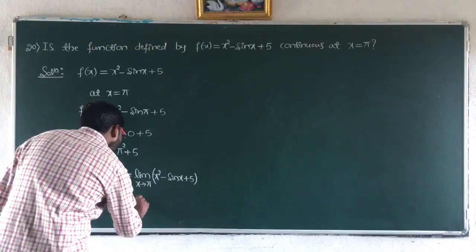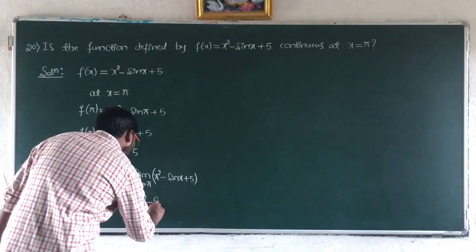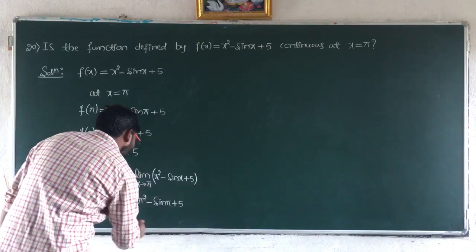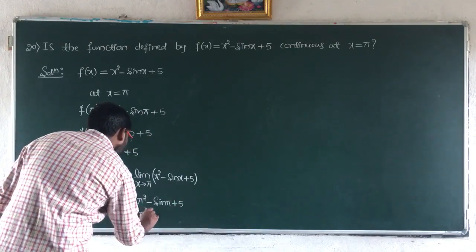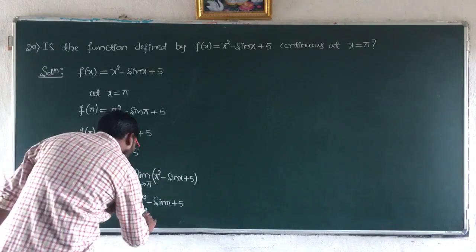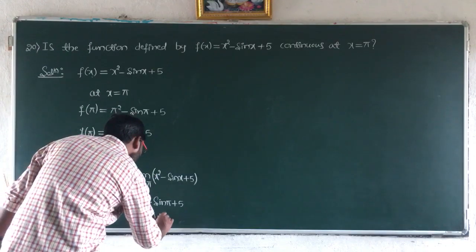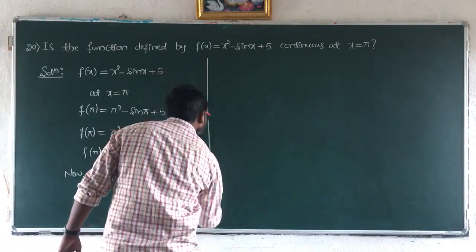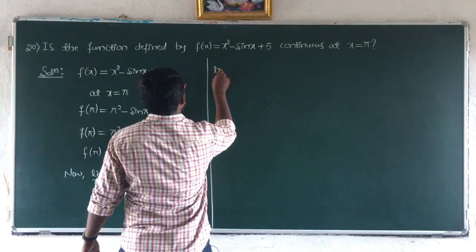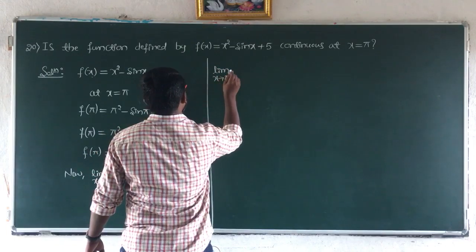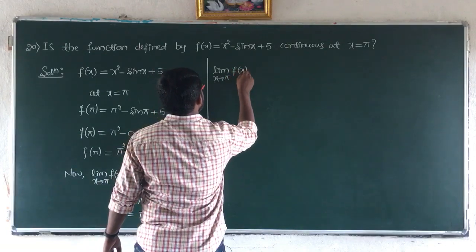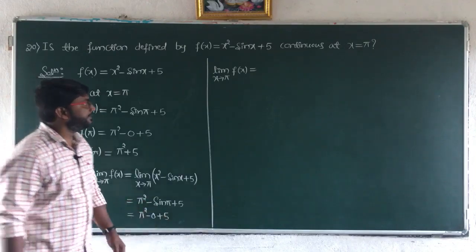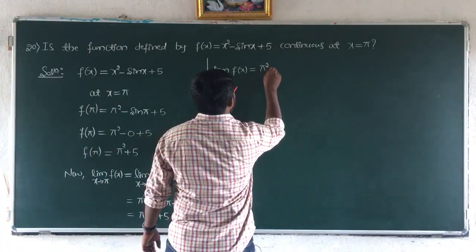We get pi square minus sin pi plus 5. So sin pi will be 0. So minus 0 plus 5. So here limit x tends to pi f of x equals pi square plus 5 as it is. So pi square plus 5.